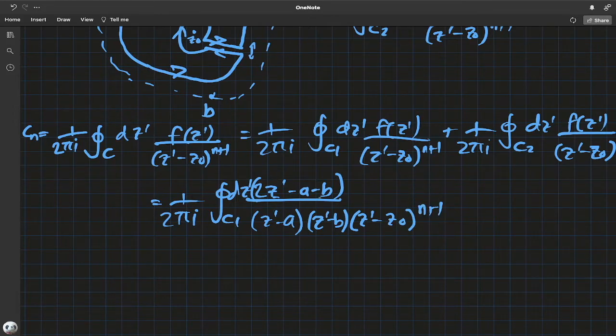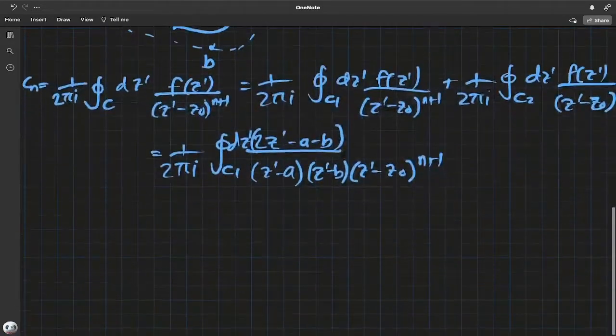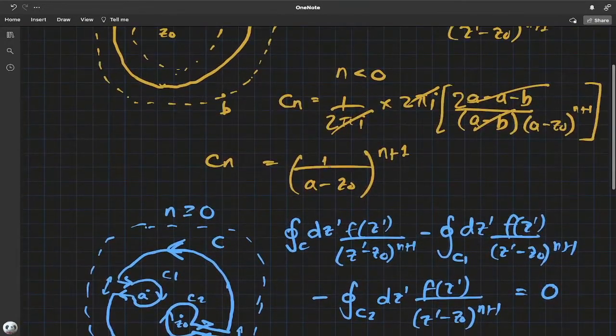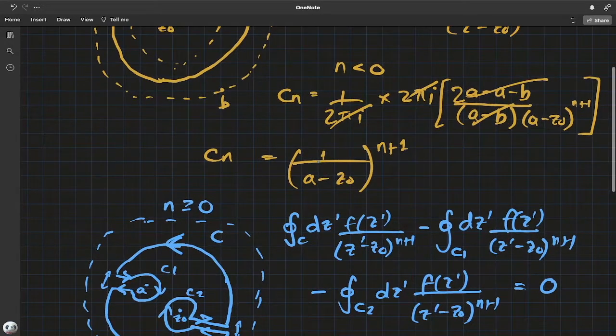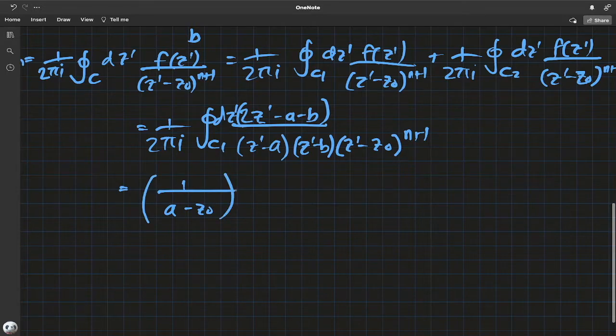Well, noticing this, C1 just encloses a, so we can use Cauchy integral formula for a. We get a similar result as we got for Cn for negative n. Let me just write that: 1 over a minus z naught to the n plus first.